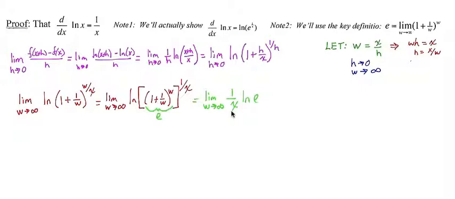So this is just simply equal to 1 over x. And what we've done is we've proved that the derivative of the natural log of x is 1 over x. Done. Or in mathematical speak, quod erat demonstrandum. Somebody's going to critique my Latin. Yes?